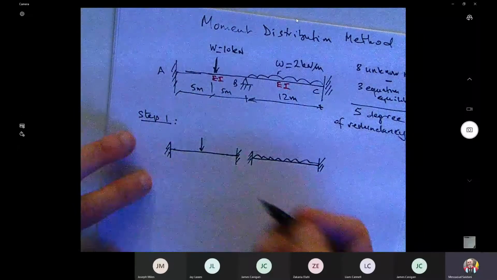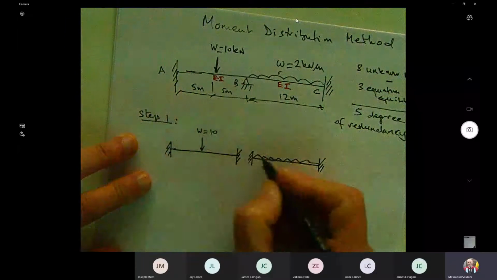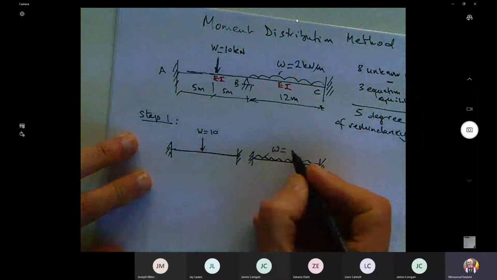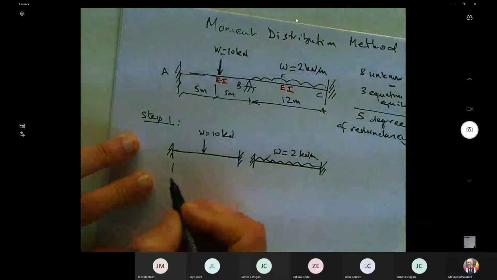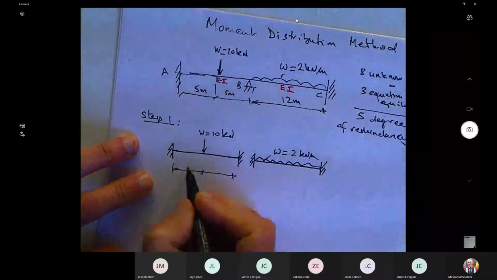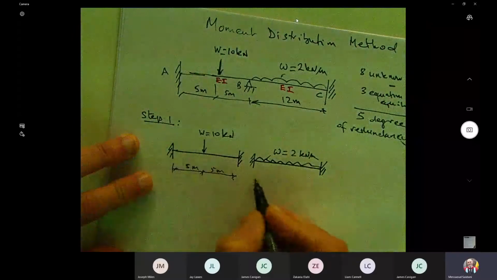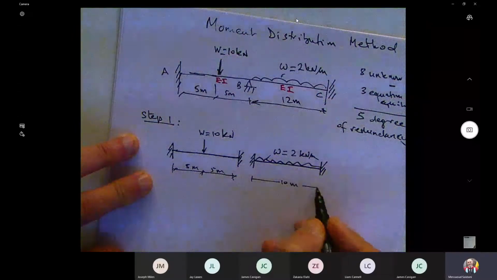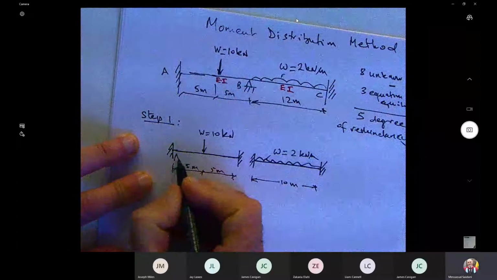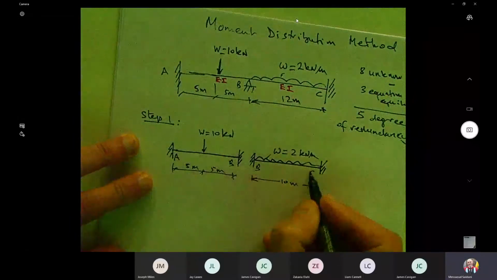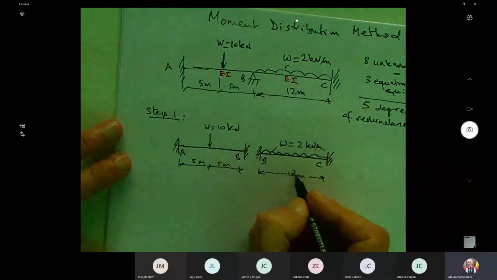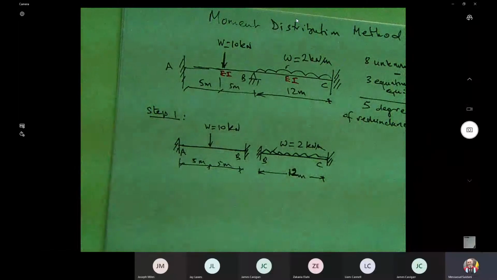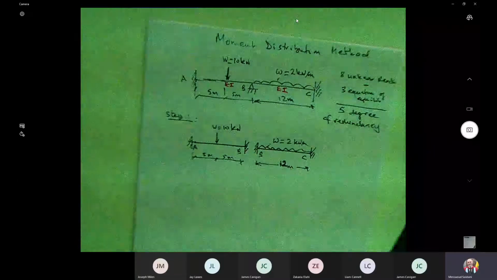We have W of 10 kilonewtons and little w of 2 kilonewtons per meter. 5 meters and 5 meters for AB, and BC is 12 meters. We have A, B, and B, C. So this is what we have now when you split it up into 2 beam cases.